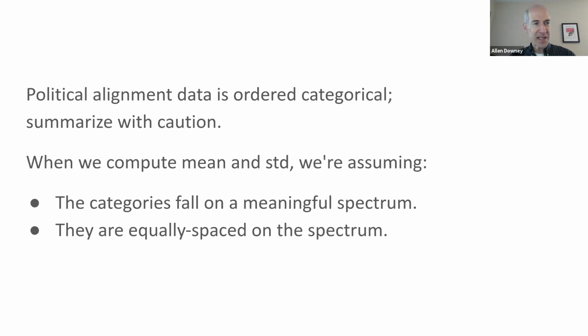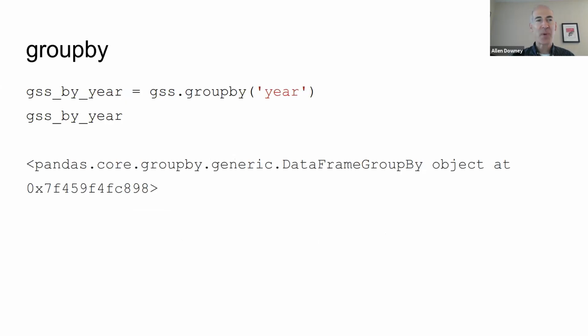In other words, the distance from 1 to 2 is the same as from 2 to 3, and so on. Now, with things like this that are categorical, like extremely liberal and slightly liberal, what are the distances between those? We can't say that they're precisely equally spaced on a numerical scale, but at least as an approximation, taking the mean is a nice way to just explore the data.